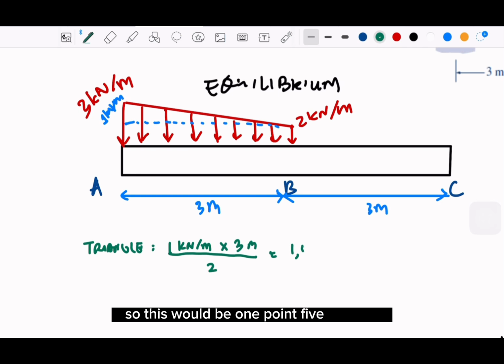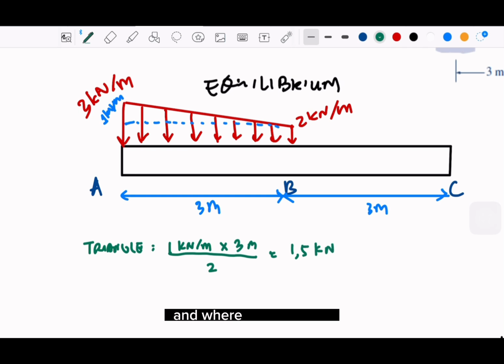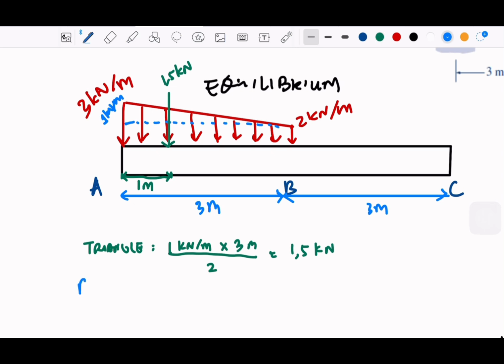So this will be 1.5 kilonewton. And where does this sit? This sits at 1/3 of 3 meters, which is 1. So let's say this is 1 meter here. And this will be this 1.5 kilonewton.